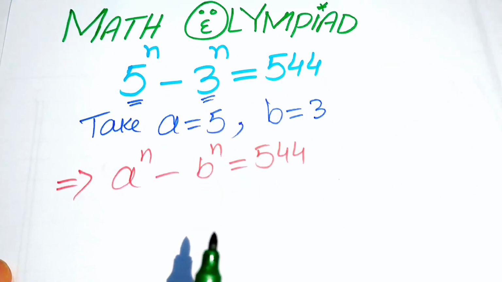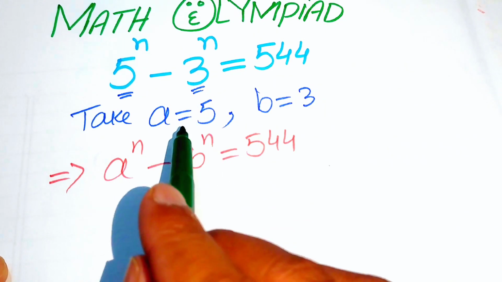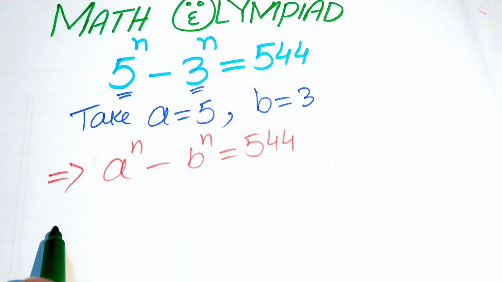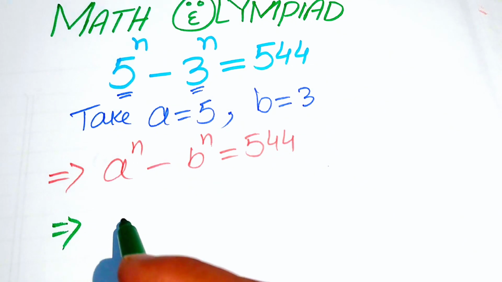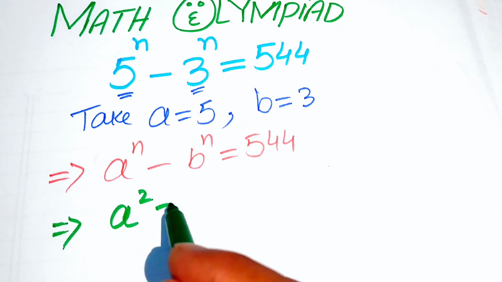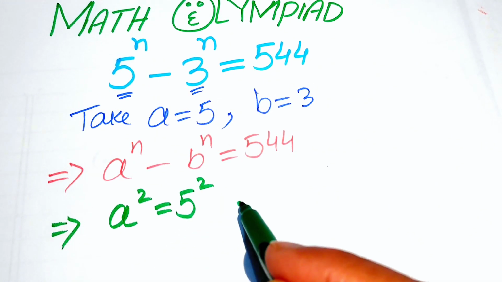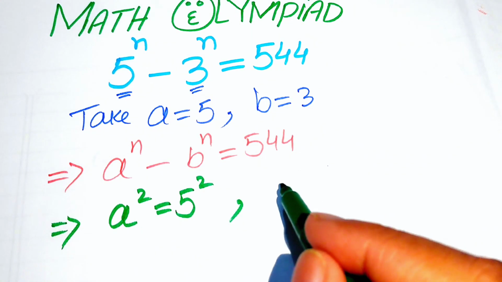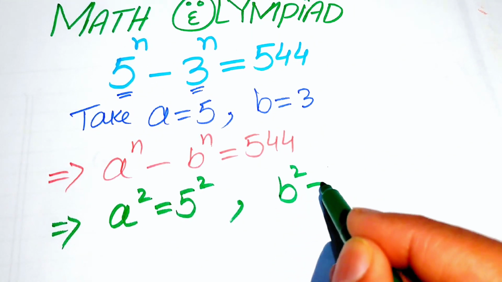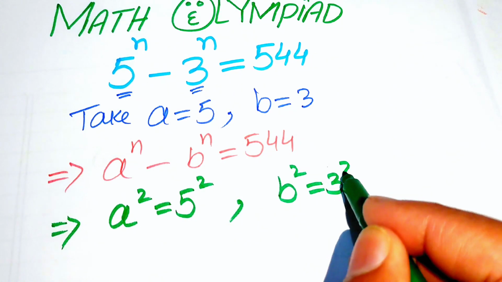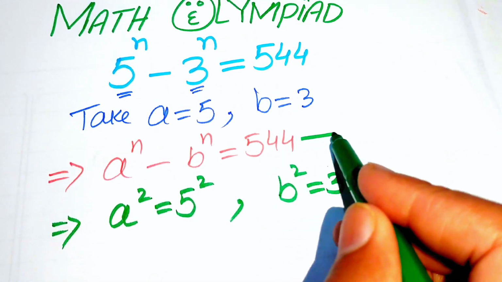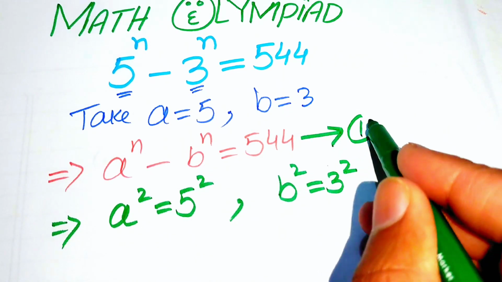Now we focus on these substitutions, a equals 5 and b equals 3. We take the square of a on both sides and obtain a square equals 5 square, and the square of b gives b square equals 3 square. We call this equation number 1.